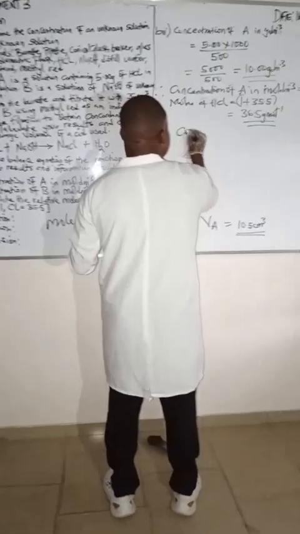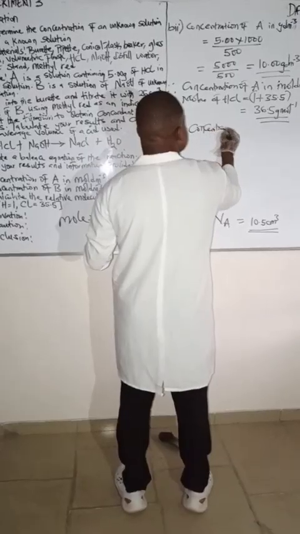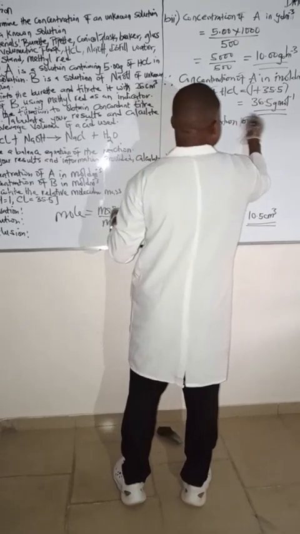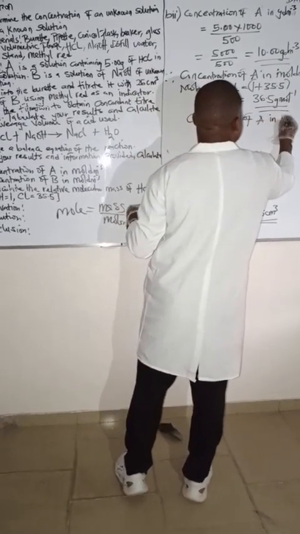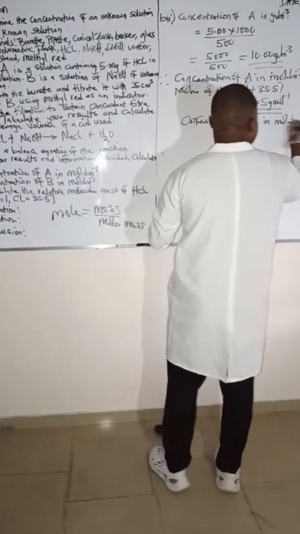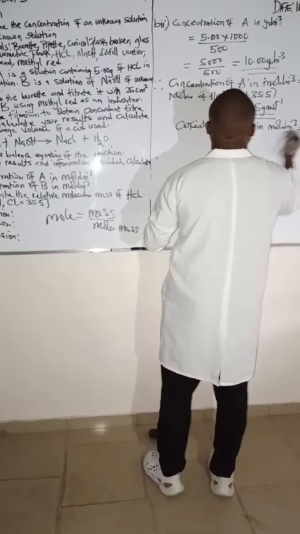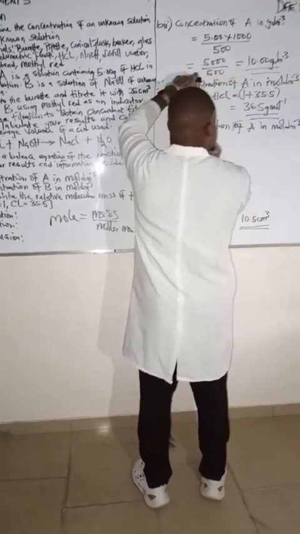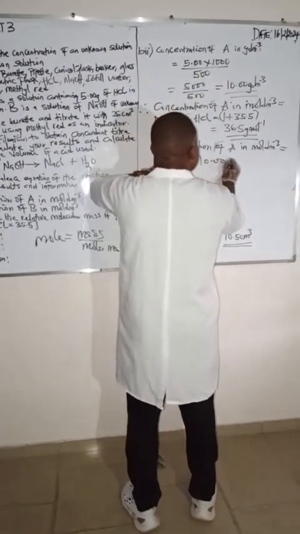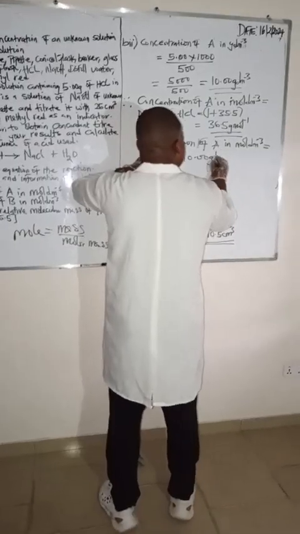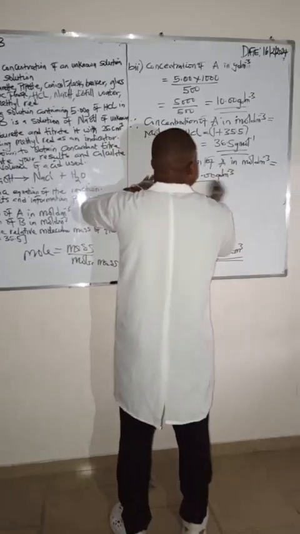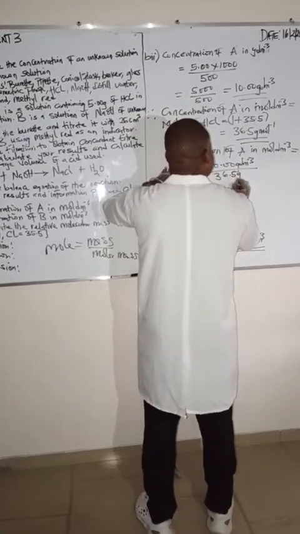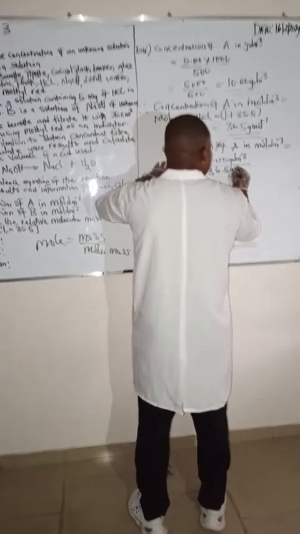We say the concentration of A in mole per dm cube will now be equal to 10.00 gram per dm cube divided by 36.5 gram per mole.